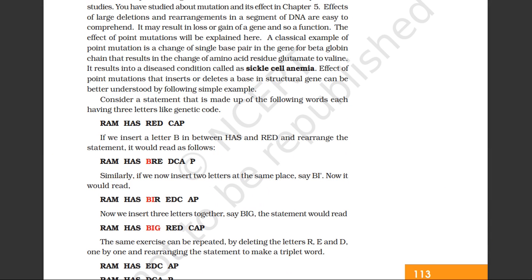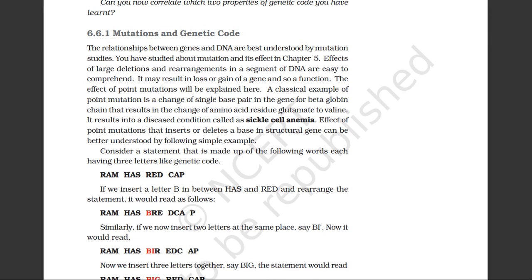The effect of point mutations that insert or delete a base in a structural gene can be better understood by the following simple example. Consider a statement that is made up of the following words, each having 3 letters like genetic code. Ram has red cap. If we insert a letter B in between has and red and rearrange the statement, it would read as follows: Ram has bre dca p.